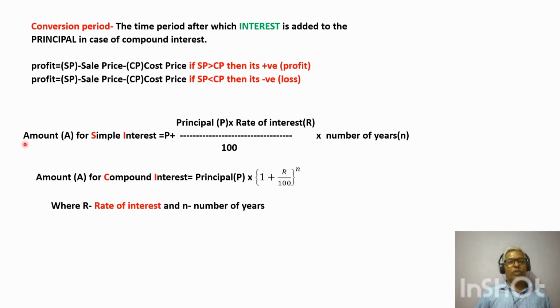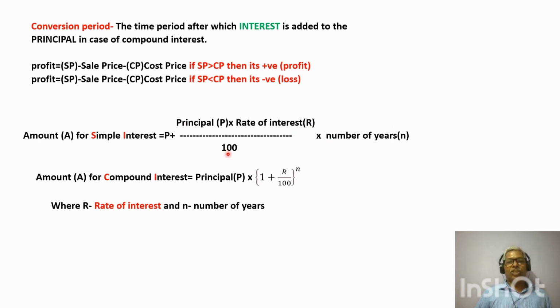Now a very important part of this particular topic is simple interest and compound interest. Now this is the formula for simple interest. Leave this P aside in the beginning and take only consideration on this: the principal P into rate of interest R divided by 100 into number of years.